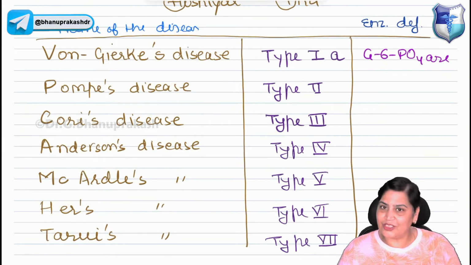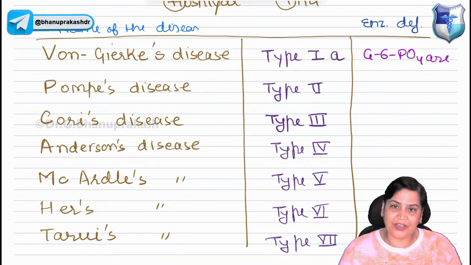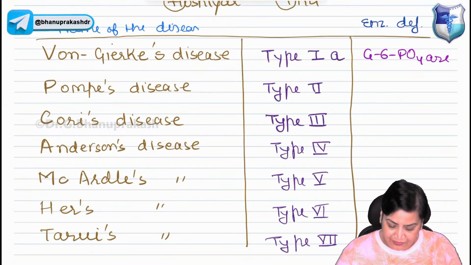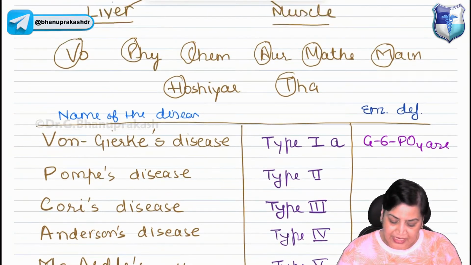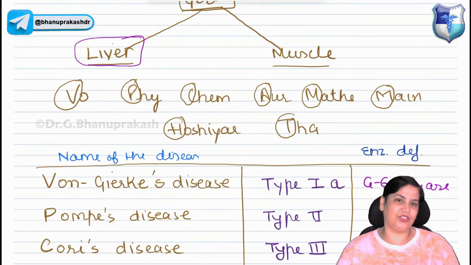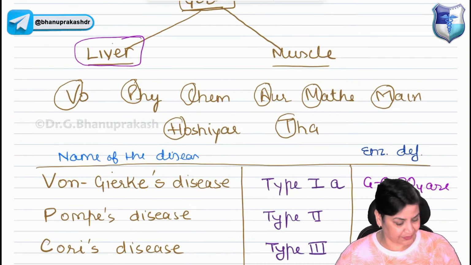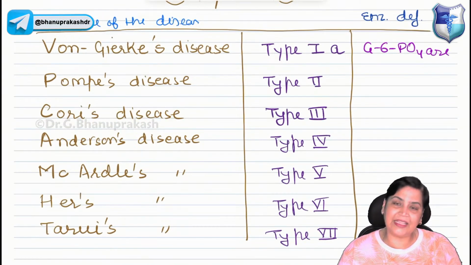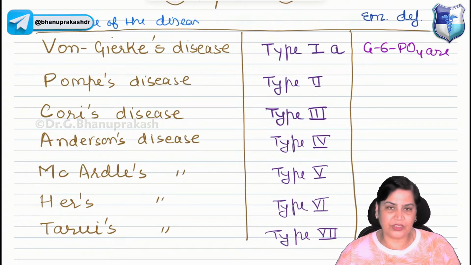And in this disorder, glucose 6-phosphatase will be absent in the liver. That is why von Gierke's disease will come under liver glycogen storage disorder. Clear? So in von Gierke's disease, the deficient enzyme is glucose 6-phosphatase.